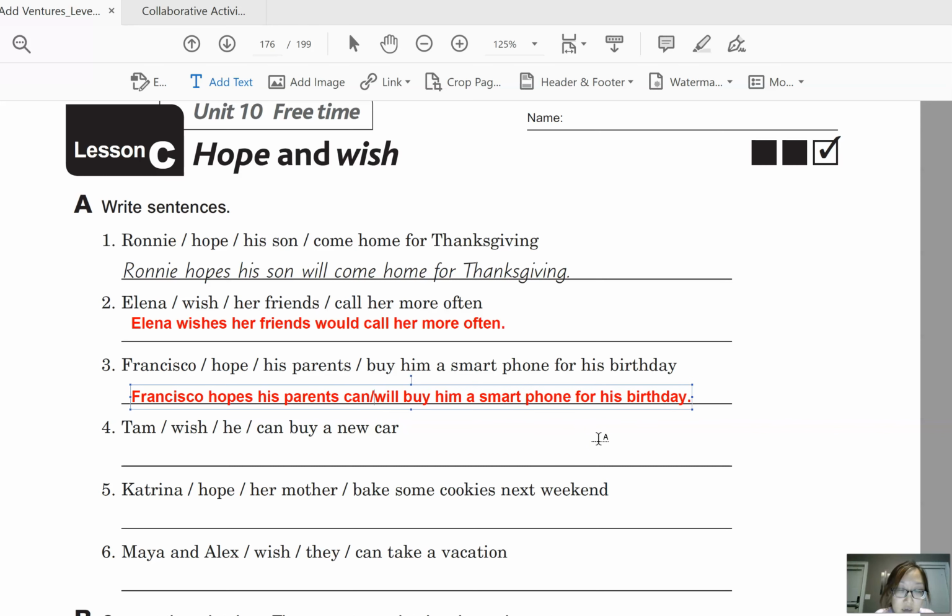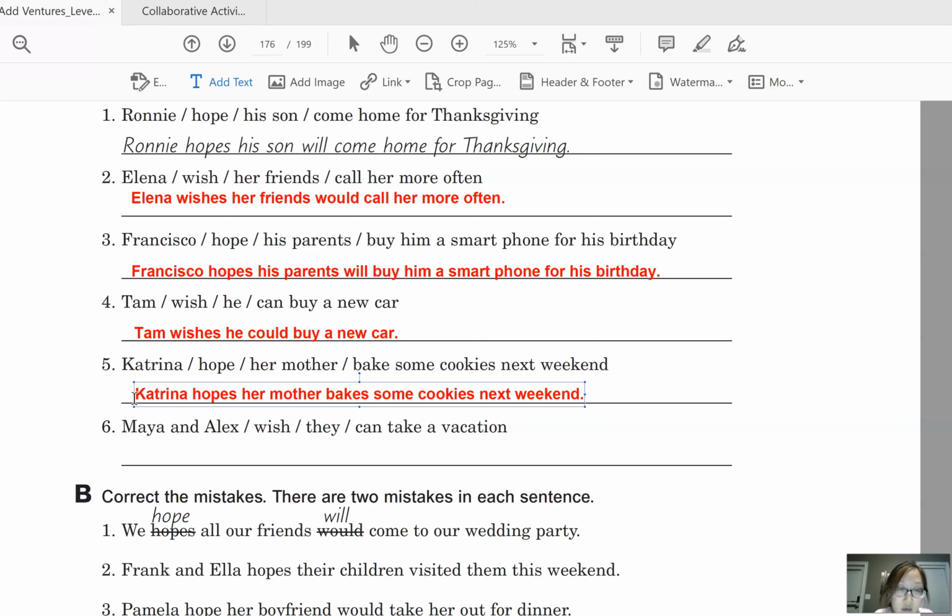Okay. And then number 4, Tam wishes he could buy a new car. Okay. He wishes, but he can't. And then number 5, Katrina hopes her mother bakes or will bake some cookies next weekend.